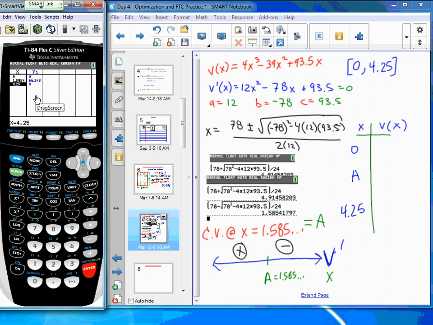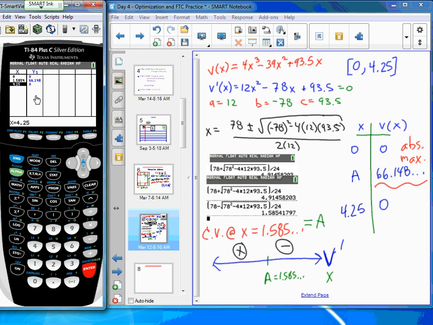I can just write it down: 0, 66.148, and 0. So by golly, it looks like the maximum did occur at my critical value of about 1.585 inches. Hooray! And it produces a volume of about 66.148 cubic inches.